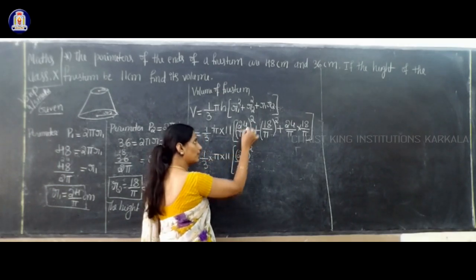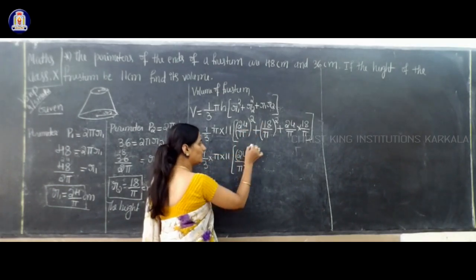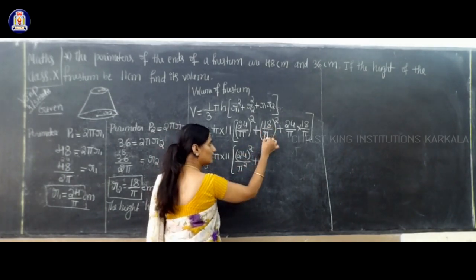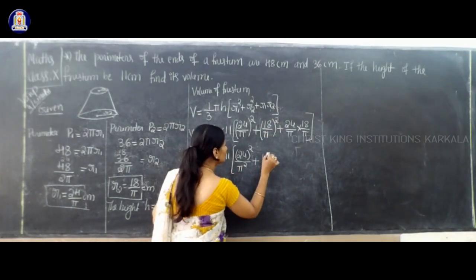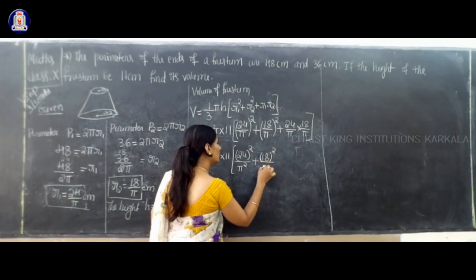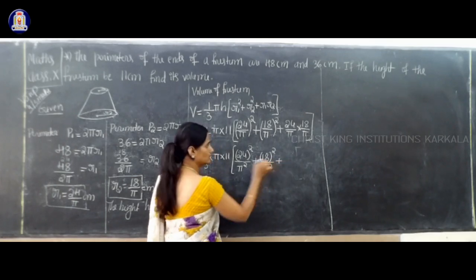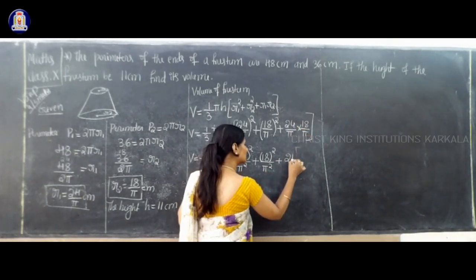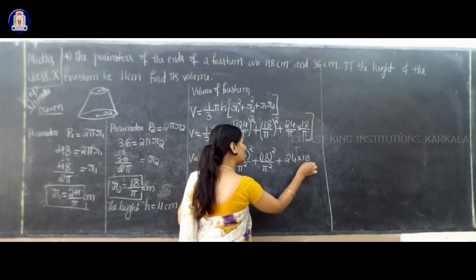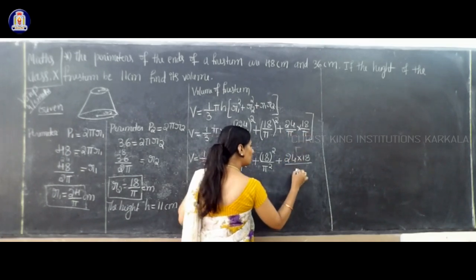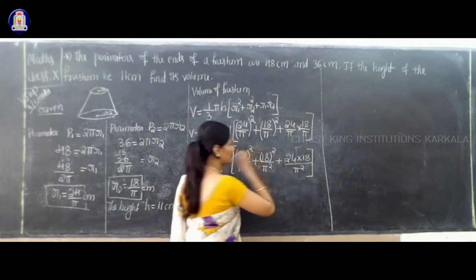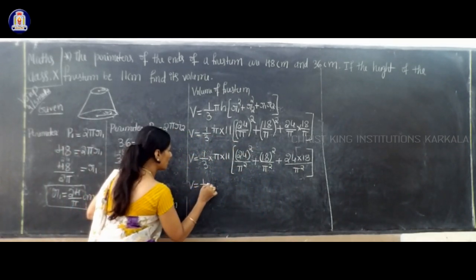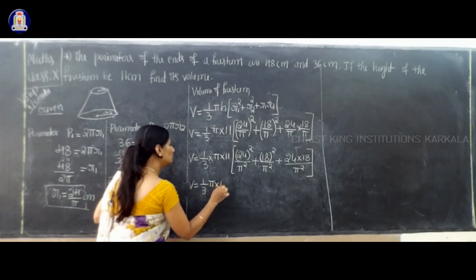Plus 18 divided by pi whole square can be written as 18 square divided by pi square, plus I will multiply and write the answer afterwards. Now I will write as it is 24 into 18 divided by pi into pi, which is pi square. Is this clear? Yes. Now V is equal to 1 by 3 pi into 11.